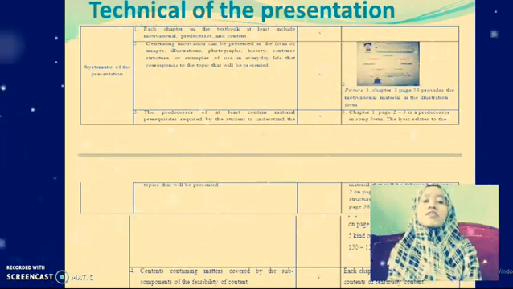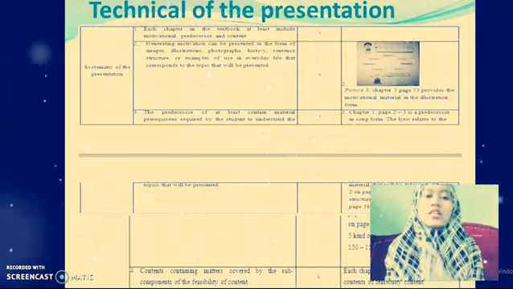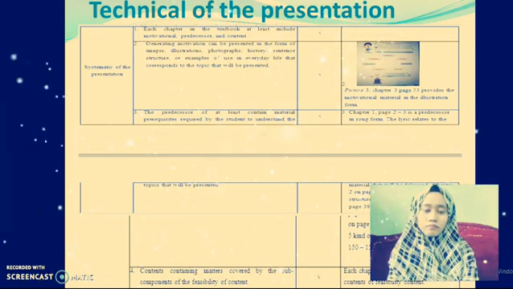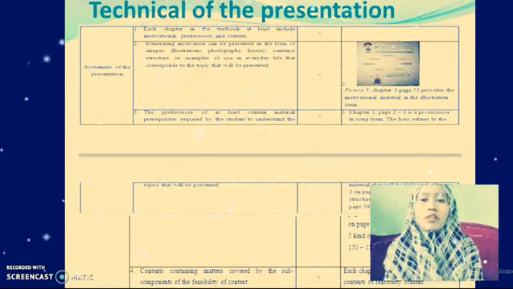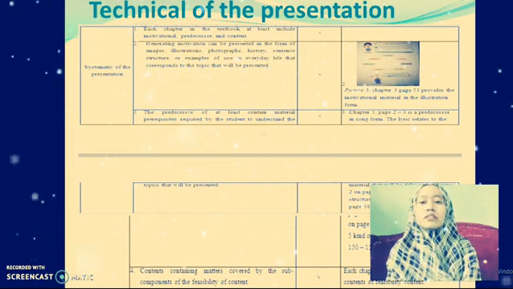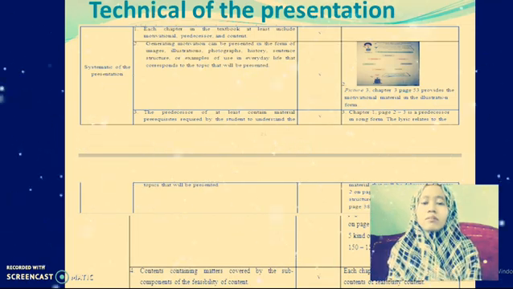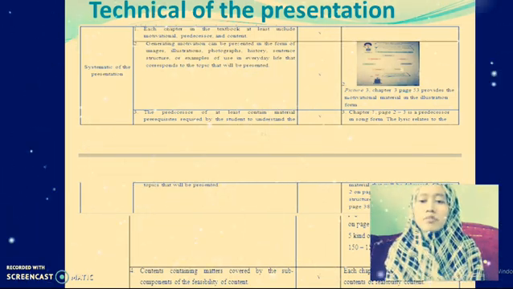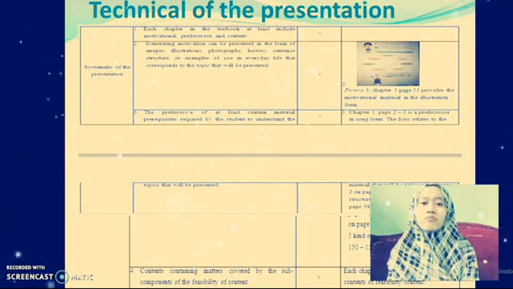Technical of the presentation has several points. The first point is systematic of the presentation. Systematic of the presentation can be fulfilled by the textbook by seeing the picture on chapter 3 page 53 that provides the motivational material in illustration form.